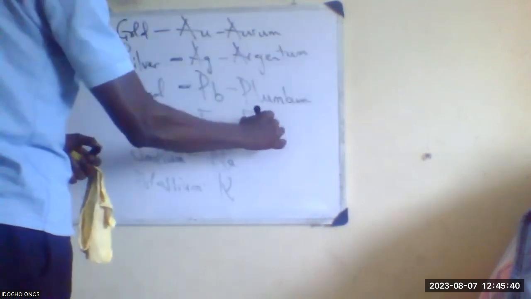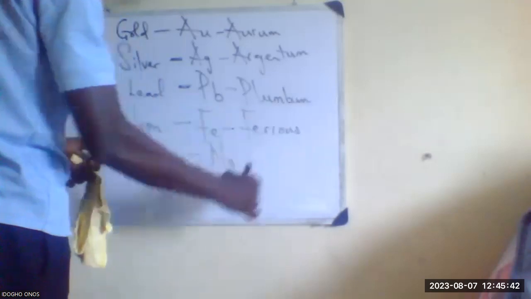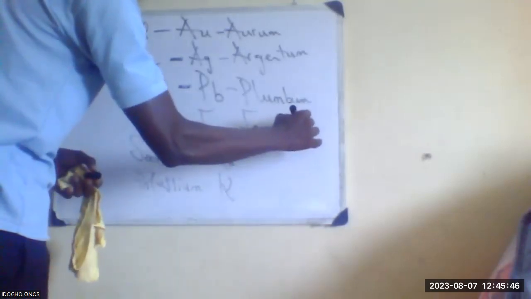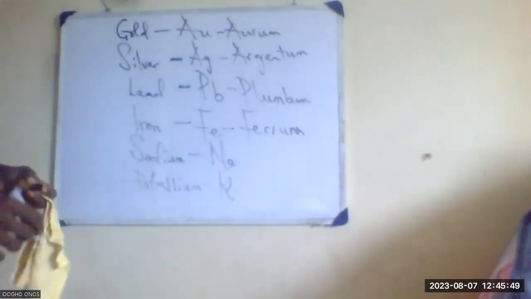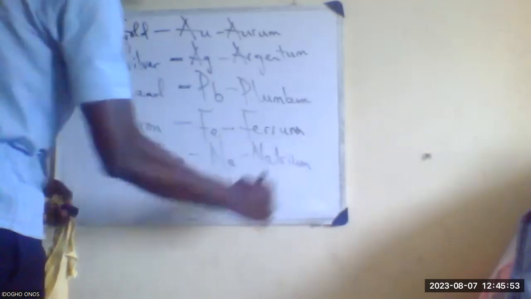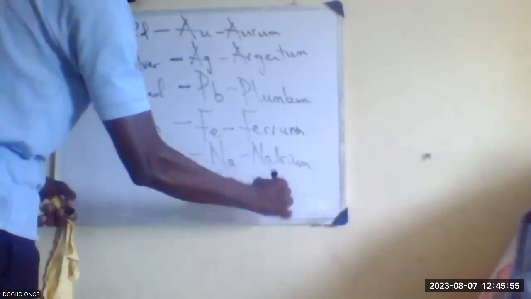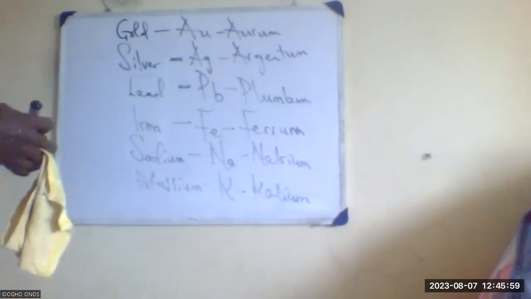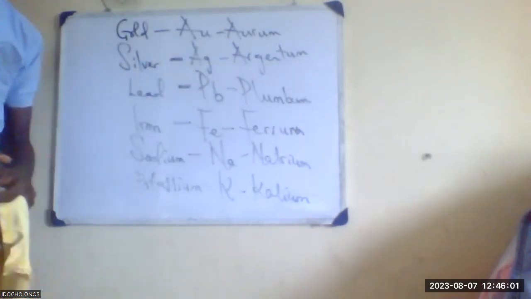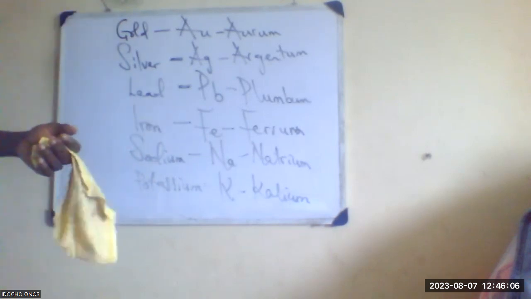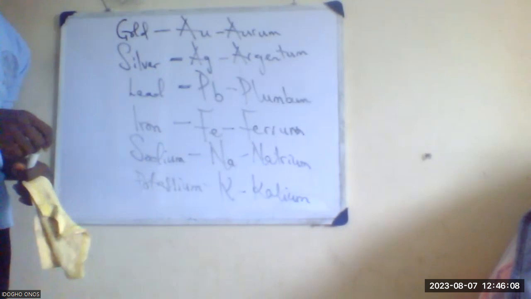Iron, ferrum. Then sodium, natrium. Potassium, kalium. So all these symbols are from their Latin names. So that's why you see them like that. I think that is for symbols of elements.